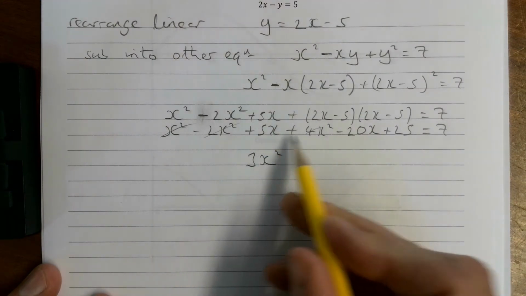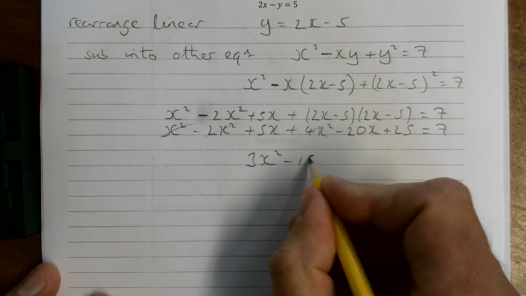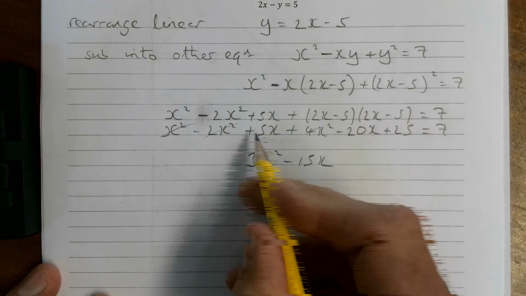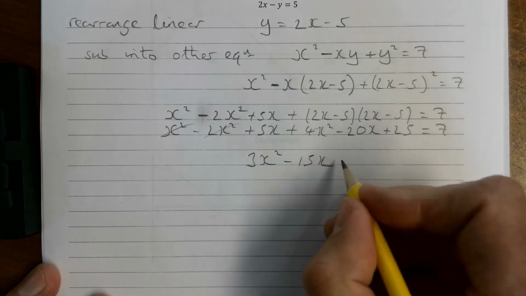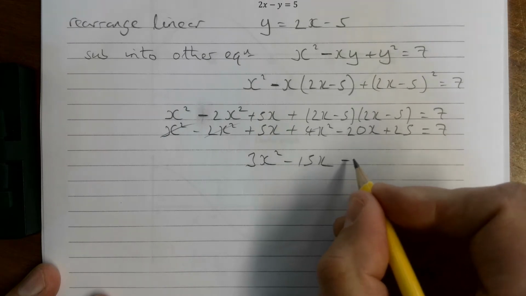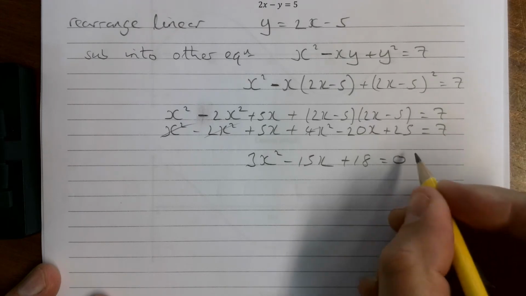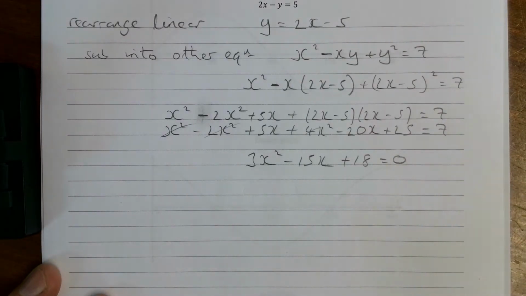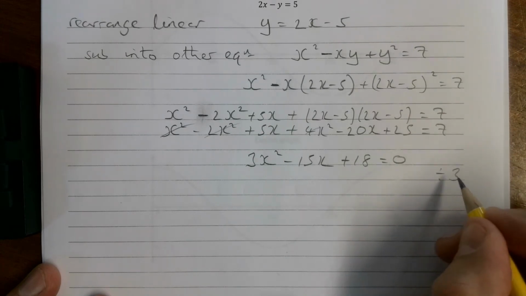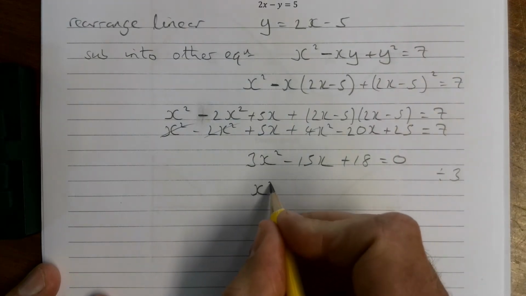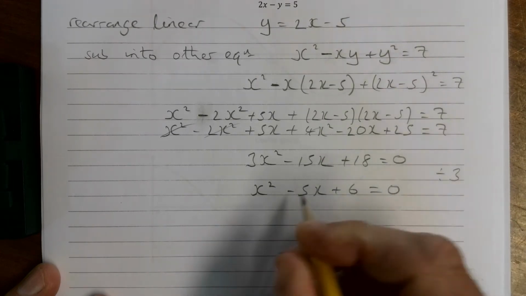In terms of the x's, minus 20x plus 5x is minus 15x. Then plus 25 and the 7, so taking away 7 from both sides, we have plus 18 equals 0. This all divides by 3, so I'm going to divide everything by 3 to give me x squared minus 5x plus 6 equals 0.